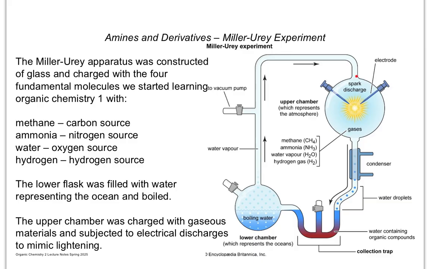So up into here, and then it gets up into here, which is the atmosphere. So water is our oxygen source, and then in the atmosphere, we have methane, that's the carbon source, ammonia, which is the nitrogen source, and then hydrogen gas is the hydrogen source. And so within this atmosphere are these electrodes that will spark to mimic lightning. And so that's providing some energy.